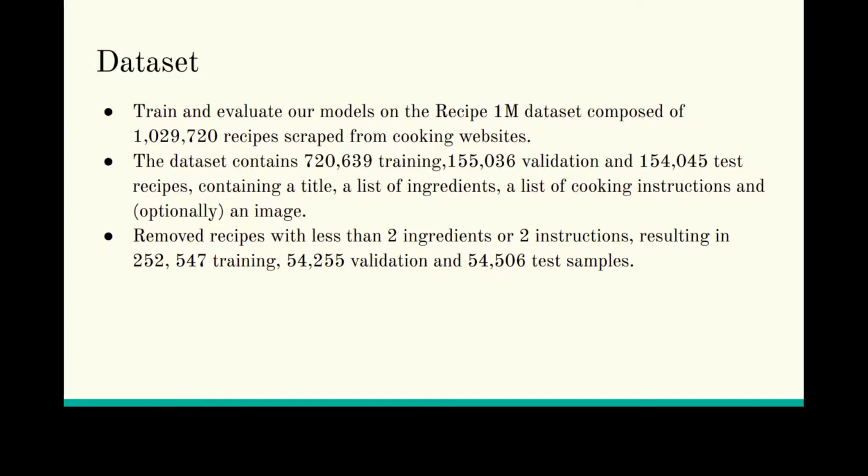The dataset contains approximately 720,000 training, approximately 155,000 validation, and approximately 154,000 test recipes, containing a title, a list of ingredients, a list of cooking instructions, and optionally an image. Removed recipes with less than 2 ingredients or 2 instructions, resulting in approximately 252,000 training, 54,000 validation, and approximately 54,000 test samples.